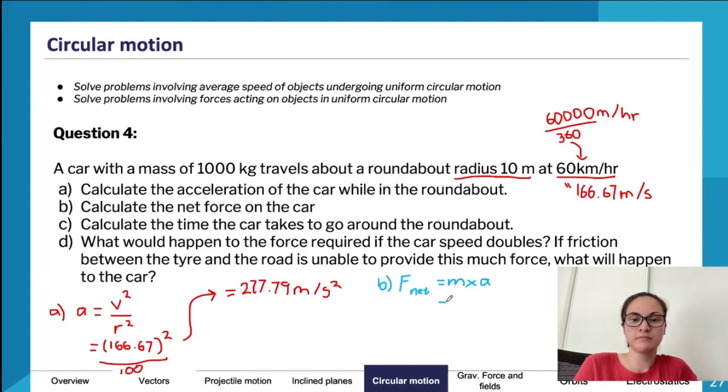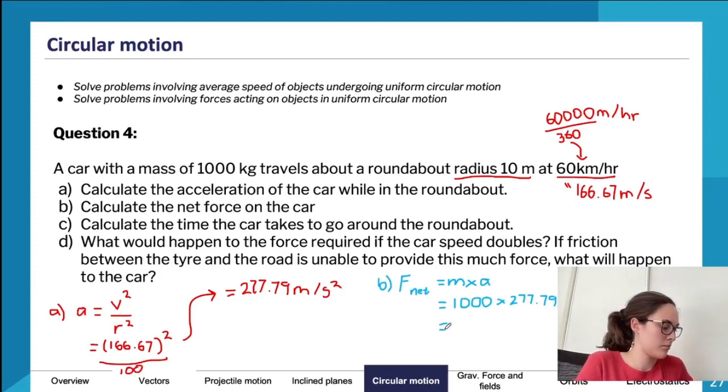So we're going to say it's 100, oh, not 100, sorry, 1,000 multiplied by 27.79. And that's going to be a very big number.